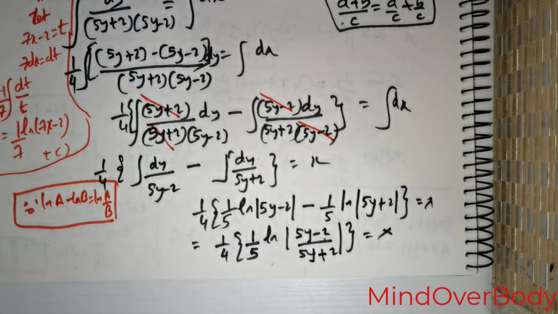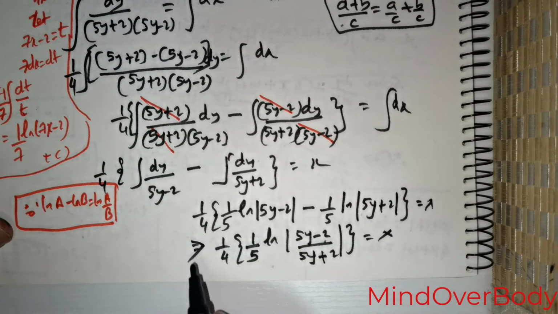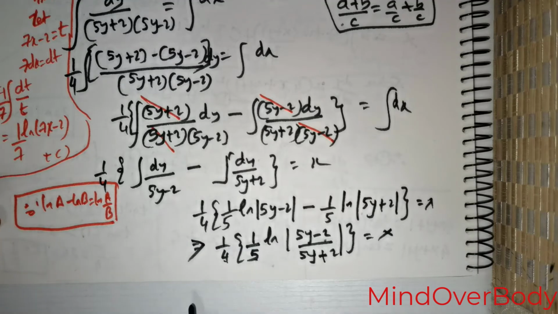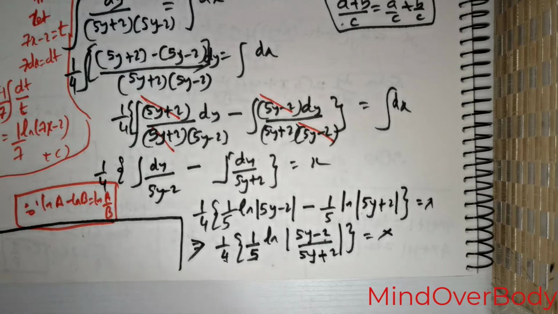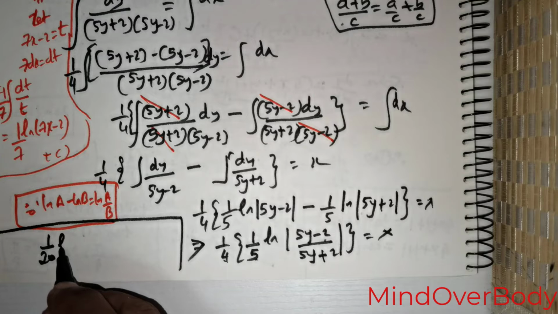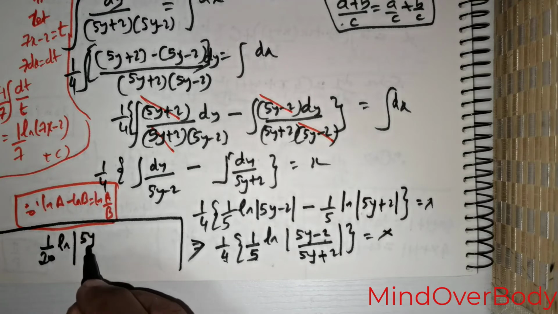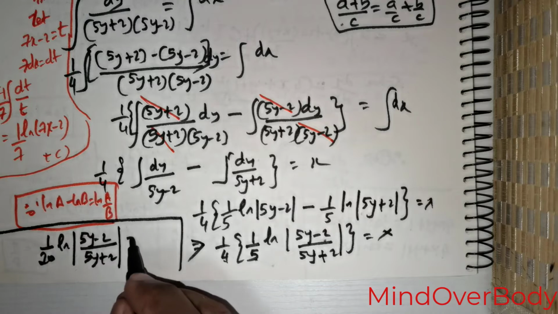So this is what I have got now. Now clearly you can see that 4 times 5, 20, that can be multiplied. Let me place in one more step. So this is going to be 1 over 20 times ln of 5y negative 2 divided by 5y positive 2. This is equal to x.